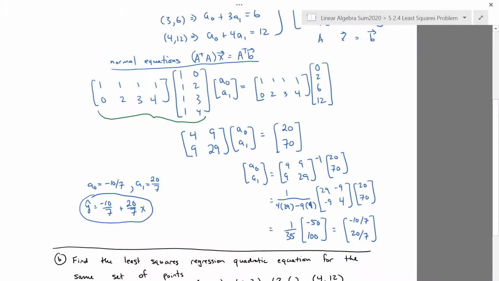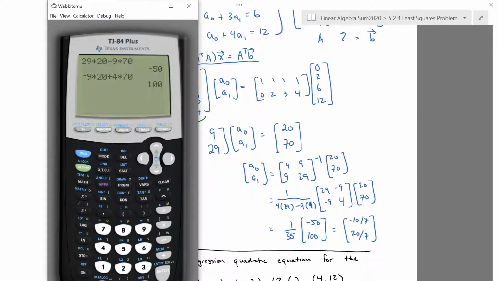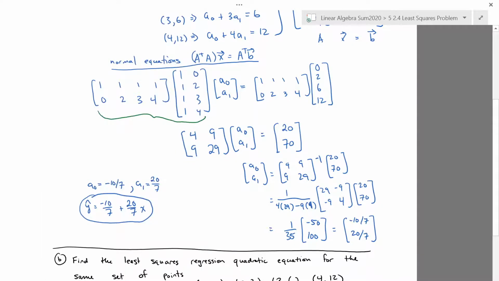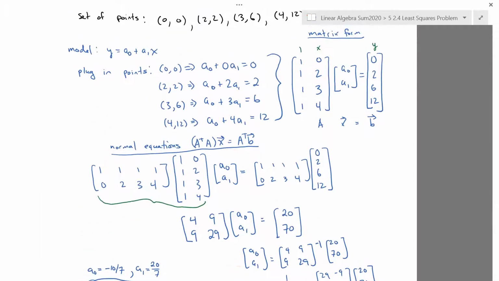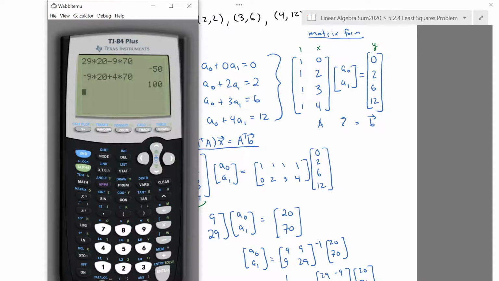Okay, so we can check to see how good of a fit this is, right? So if I go into stat and edit, I can enter in the 4 points, right?